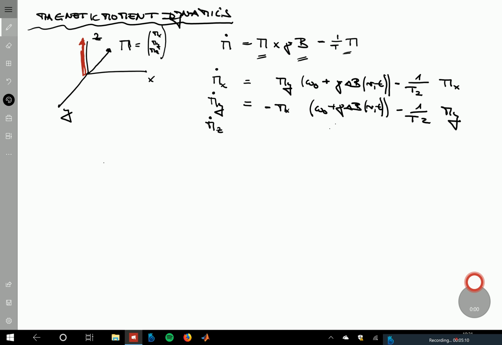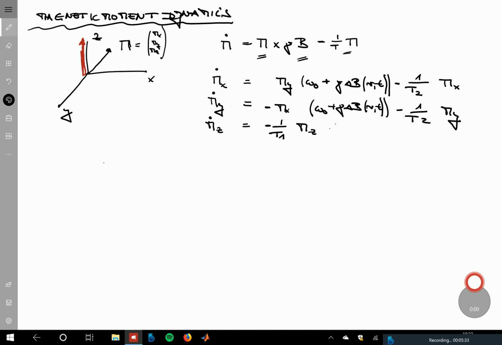These two differential equations are coupled in the sense that the rate of change of x depends on the state of y, and mz is not dependent on the other two. So mz is just dependent on itself.